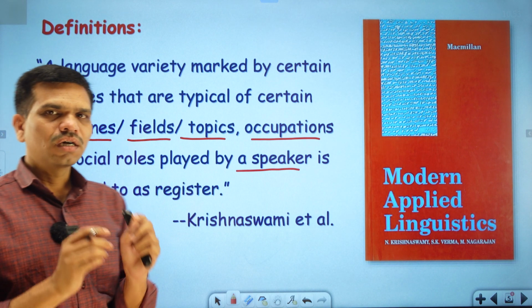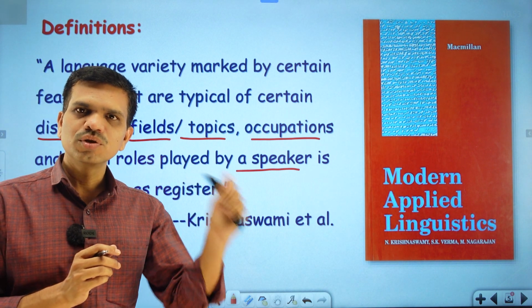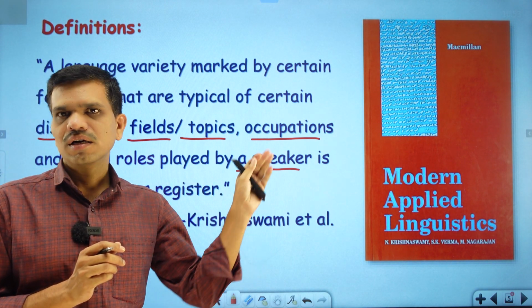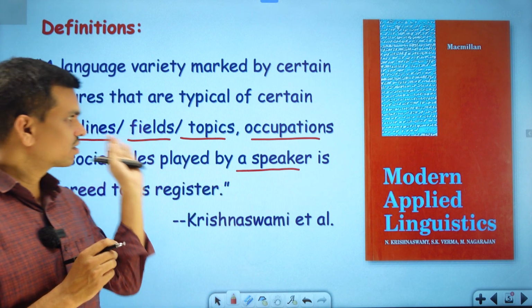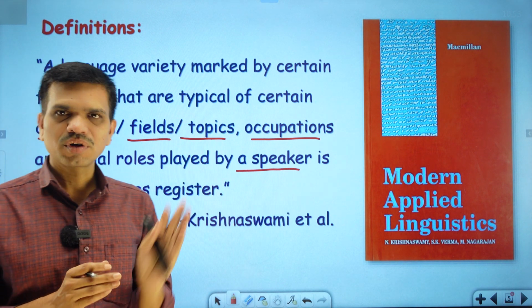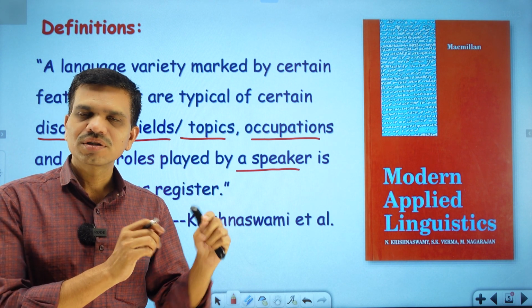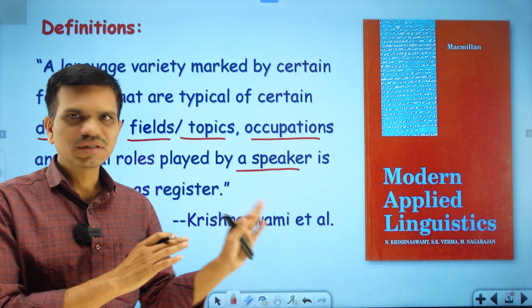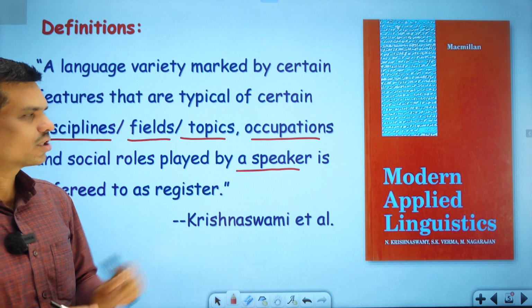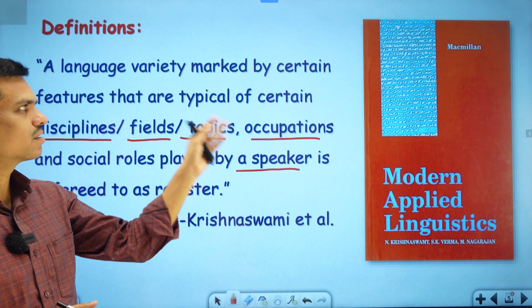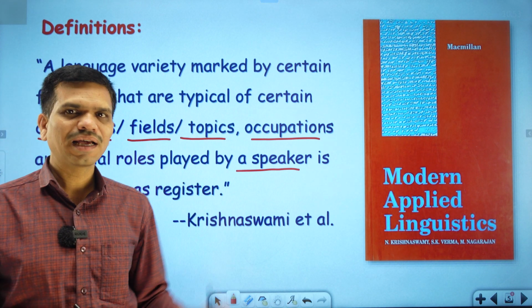When we find this special kind of language used in special kinds of sectors or fields, for example disciplines, topics or occupations, it is the language called register. So this is the register according to Krishnaswamy and others. So it is a typical or certain use of language.